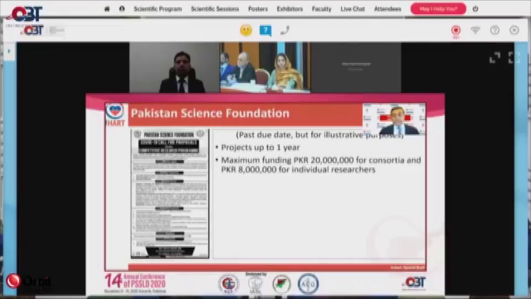Now, the caveat for both HEC and PSF-related funding is that currently the due date for 2020 has already passed, but the year is also coming to an end. So look out for next year's announcements when their calls for applications open up, so that you can see if the research that you want to do falls into the categories that they're interested in, and you can put in an application for that.